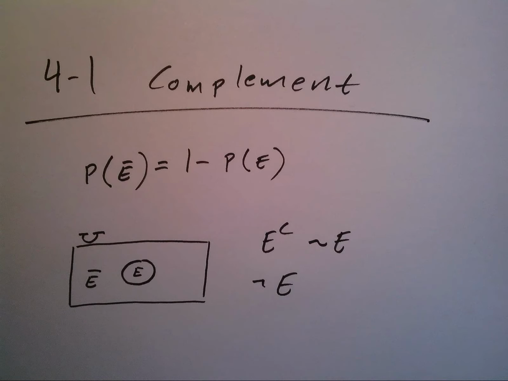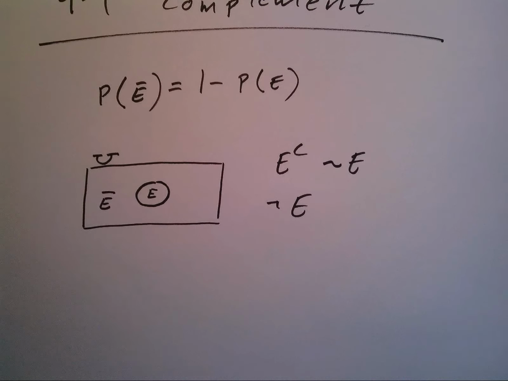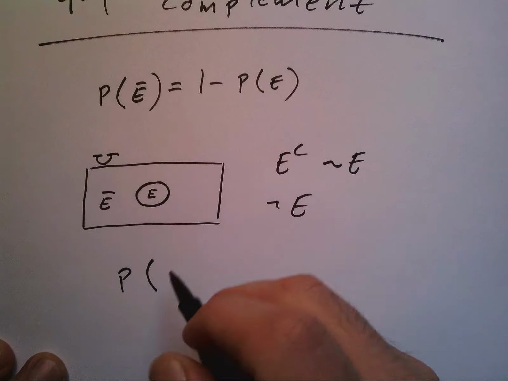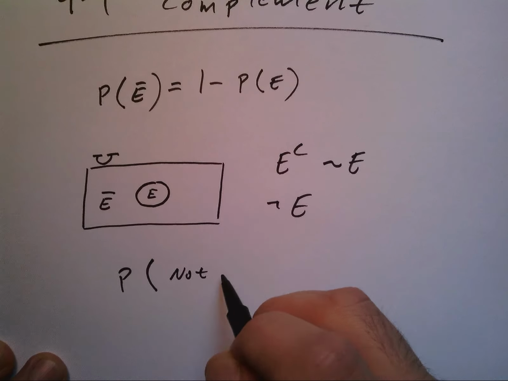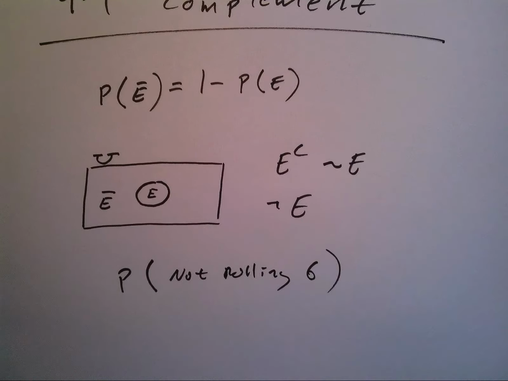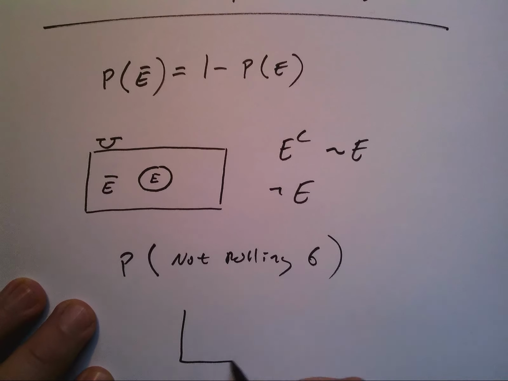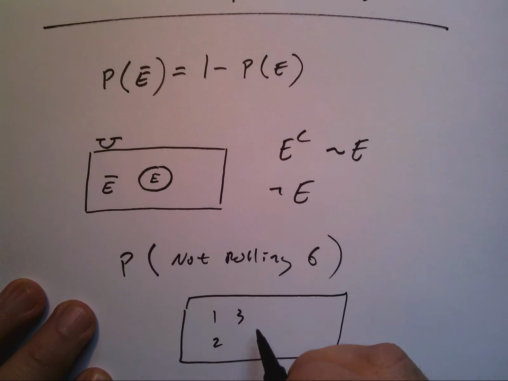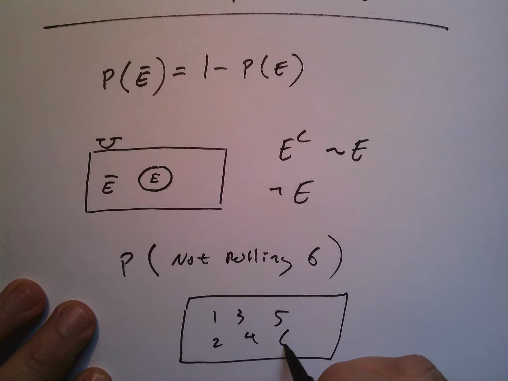Now, if we're looking at rolling dice, and I ask what's the probability of not rolling a 6, there are two ways that I can look at this. I can look at all my possibilities in my sample set: 1, 2, 3, 4, 5, 6.